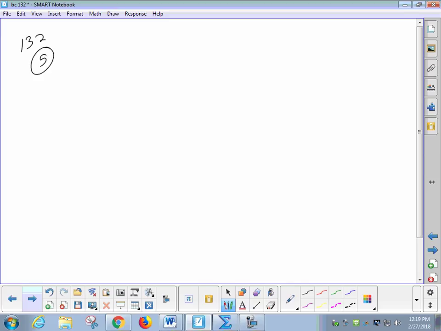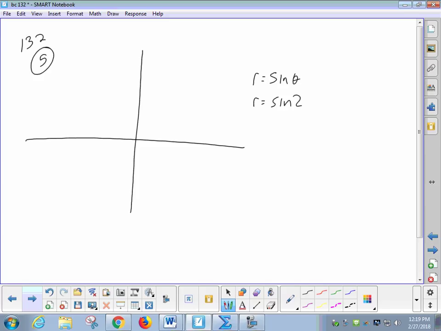Inside sine theta and sine 2 theta. Ooh, good one. Okay, first of all, a gentle review. What's the max r in both cases? 1.